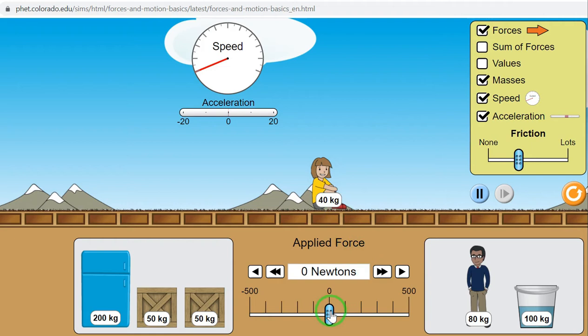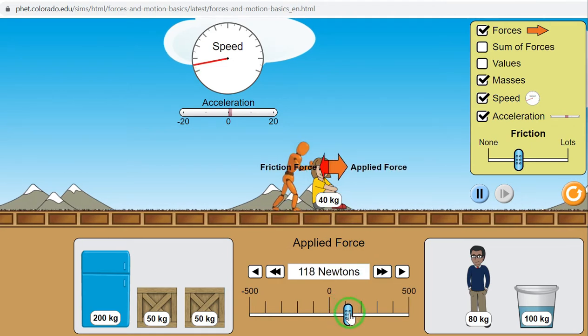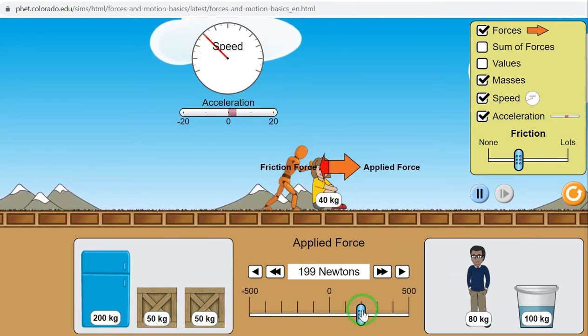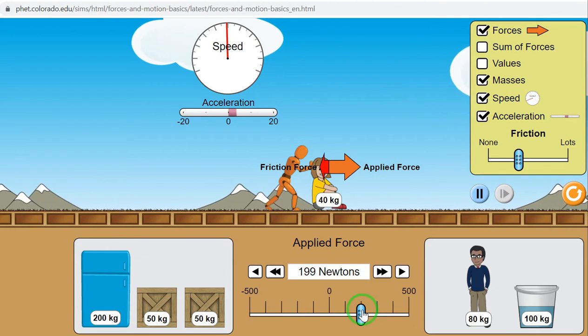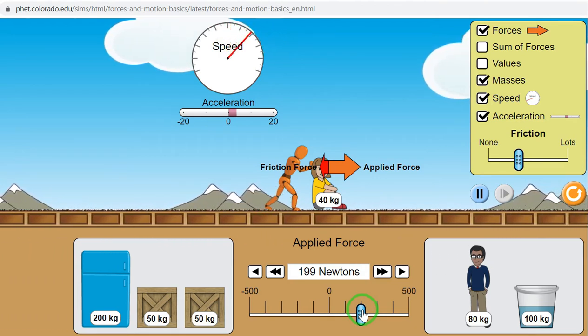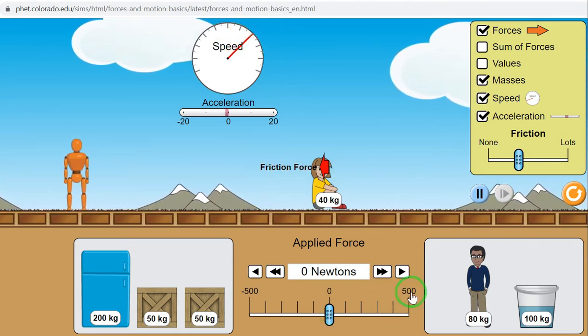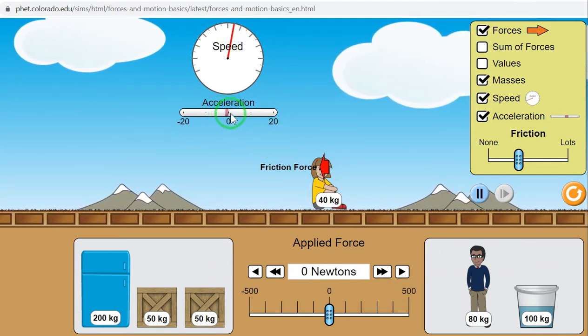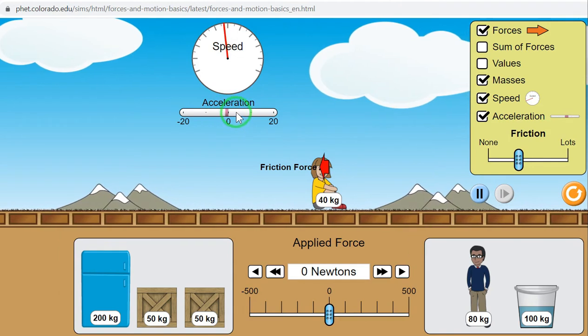I apply 199 newtons of force. Look at this, speed is increasing and I am leaving it. So there is some amount of acceleration initially, and then it is deceleration, it is going down.